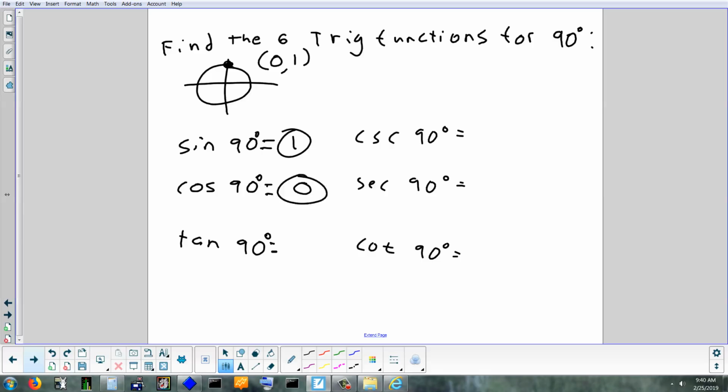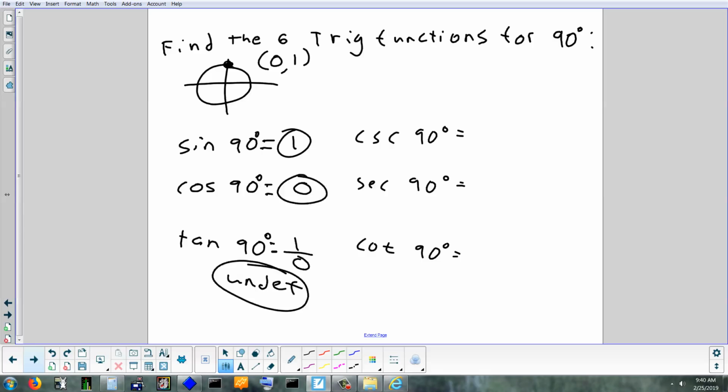And Libby, what's the formula again for tangent? Y over x. So it's 1 over 0. Now, what is 1 divided by 0? Can't do that. So you write undefined. So tangent of 90 is undefined.